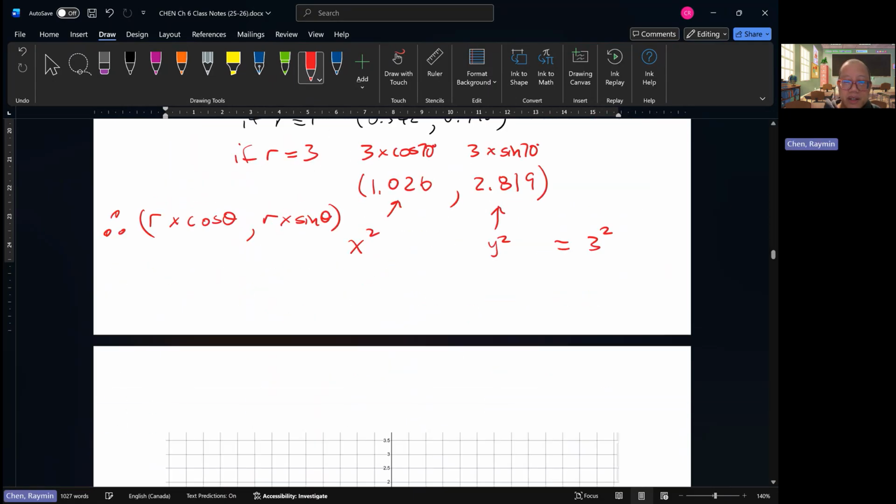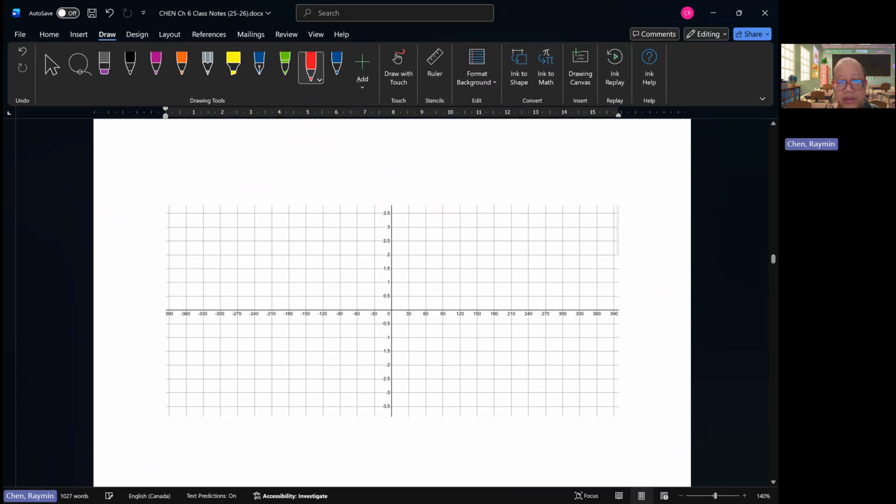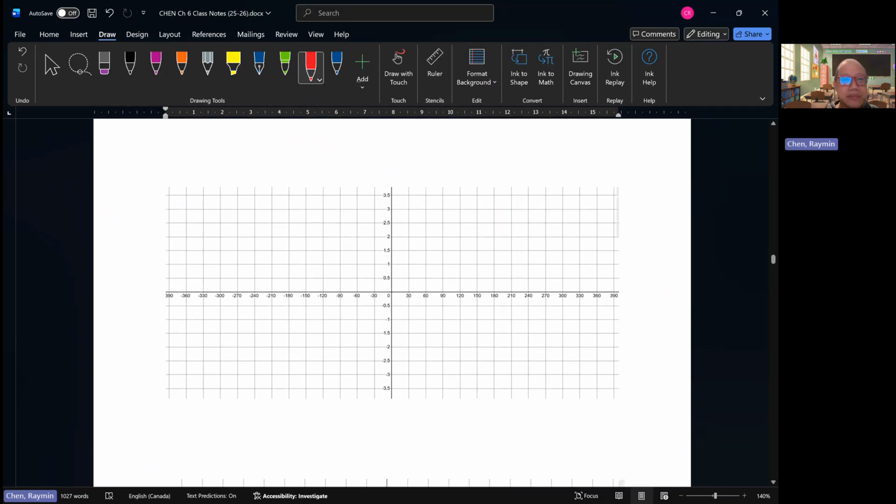Okay, let's get to the meat. So what I wanted to do, and again, feel free to pause the video, is actually just graph for you one more time officially y equals sine x. The reason I'm doing this is because I want you to understand that this is the graph that we get.